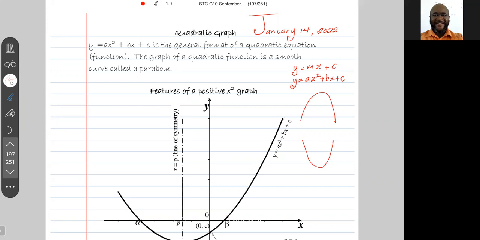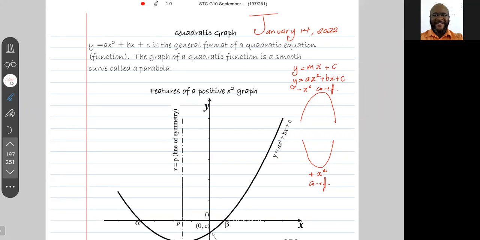If the sign of the number in front of x squared is positive, you get a smile. So this is when you have a positive x squared coefficient. So if you have a positive x squared coefficient, you get a smile. And if you have a negative x squared coefficient, you get a frown.